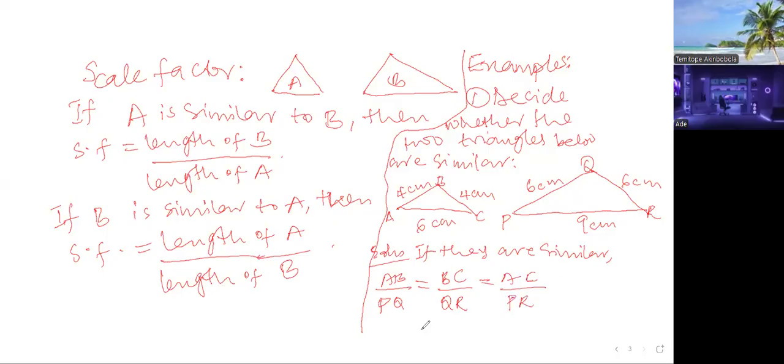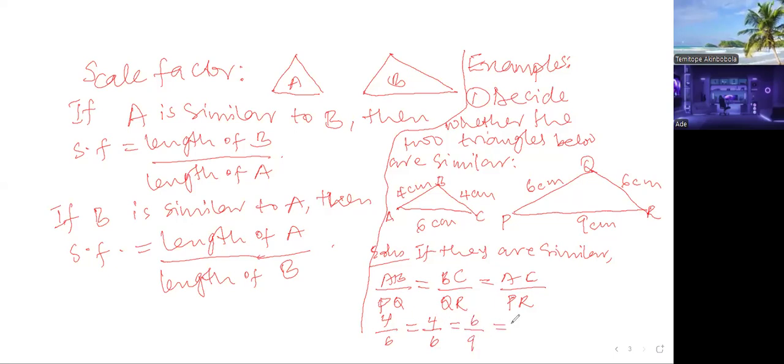Is that clear? If they are similar, let's now check. AB is 4. PQ is 6. BC is 4. QR is 6. AC is 6. PR is 9.